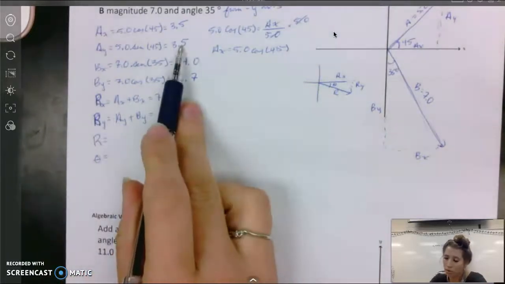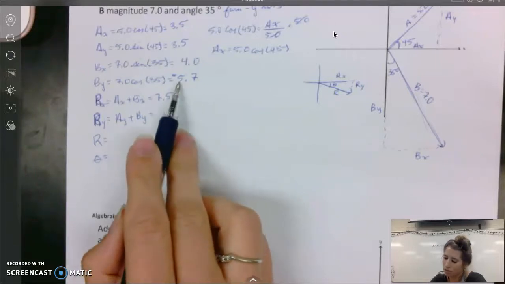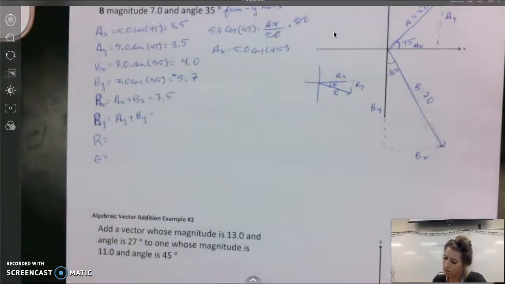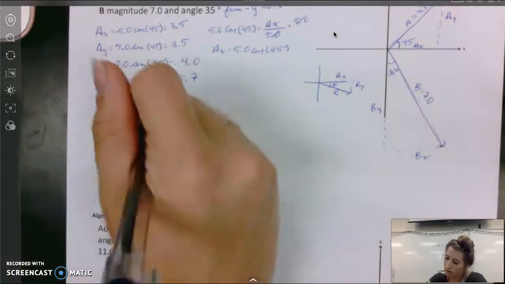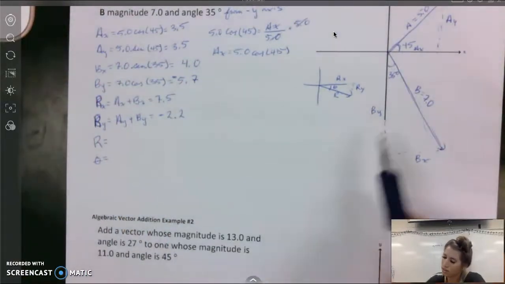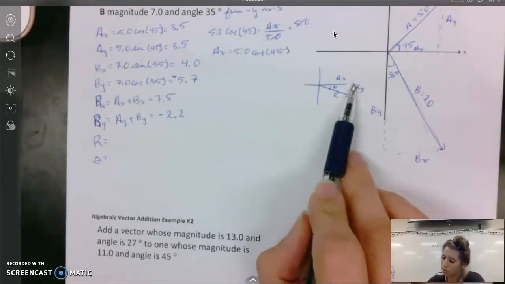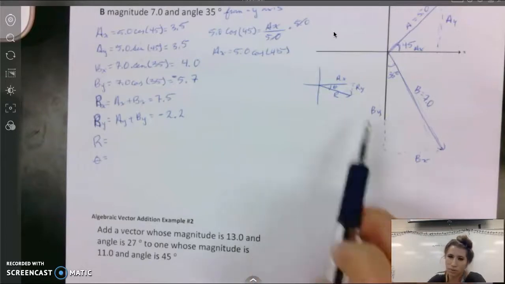A sub y was 3.5, and we're adding the negative 5.7. So 3.5 plus negative 5.7 gives us a negative 2.2. And this should make sense: here's our 7.5 in the x, positive, and then we have a much smaller negative 2.2.